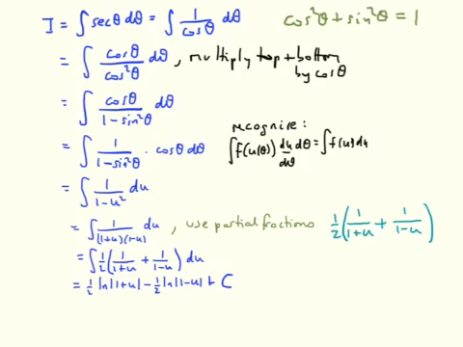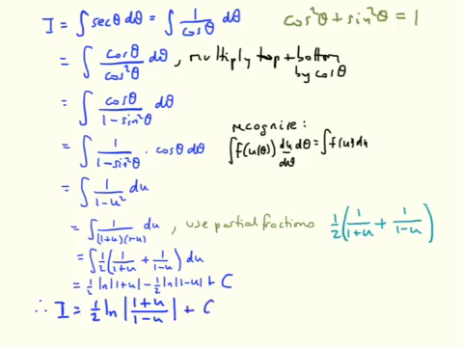So from this we see that our integral is going to be a half, that's a common factor, the logarithm of the modulus of, and now it's going to be 1 plus u divided by 1 minus u, where we're using the rule for logarithms, and a half is a common factor, so we'll keep it outside. So the top is 1 plus u, and the bottom is 1 minus u, end the modulus, and we add an integration constant.